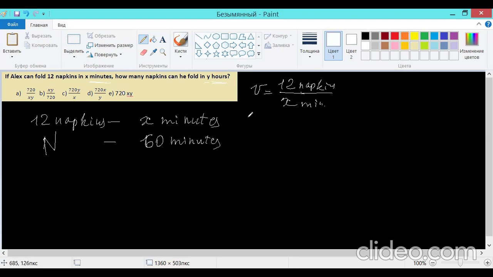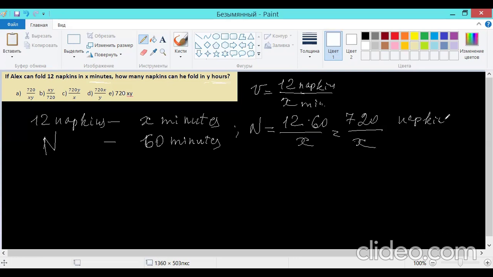So in this case, n is equal to 12 times 60 over X, or 720 over X napkins within 60 minutes, or what is the same, within 1 hour.